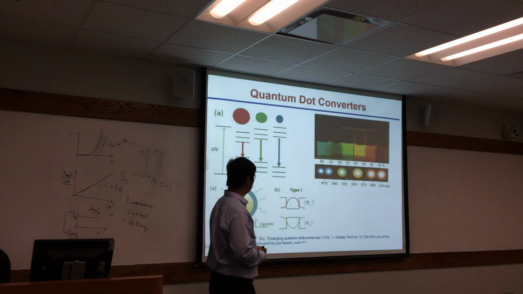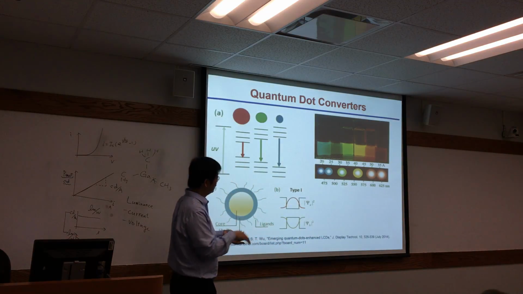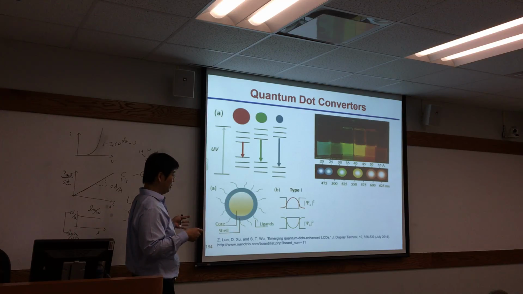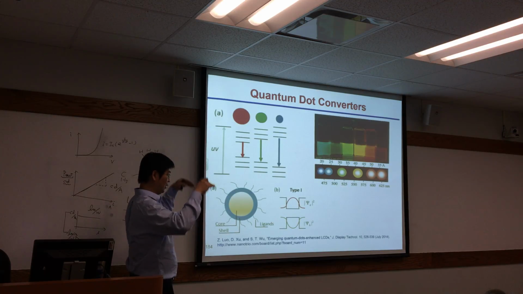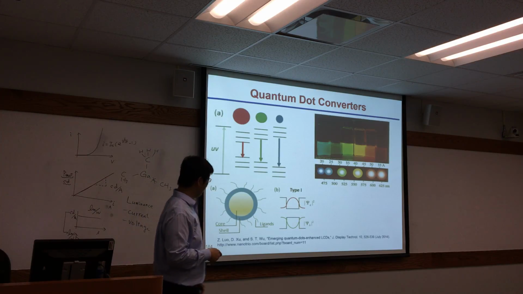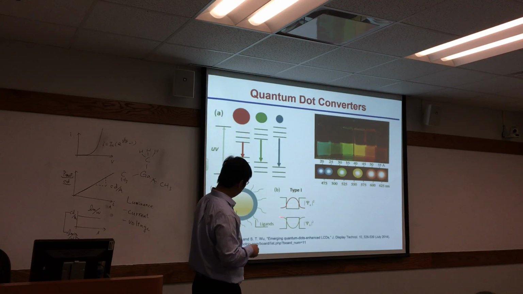So what is the operating principle of this quantum dot? We know the quantum well, we know the quantum dot, quantum wire, so that is quantum dot. As we said before, we need two kinds of material with different band gaps. So we have the lower band gap and the higher band gap, something like that. So we can quantize the space.